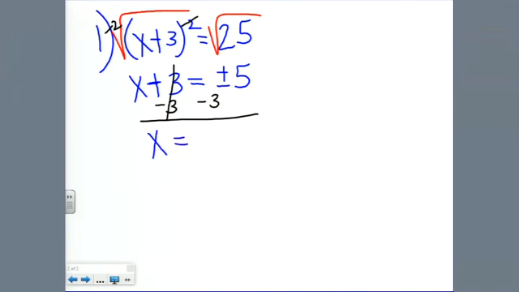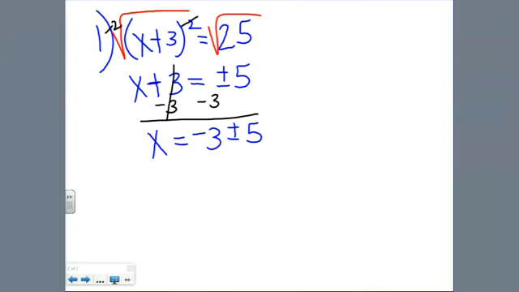So we have x is equal to negative 3 plus or minus 5. Now, anytime you're left with just plain old numbers, then you have to split your solution and get your two answers.